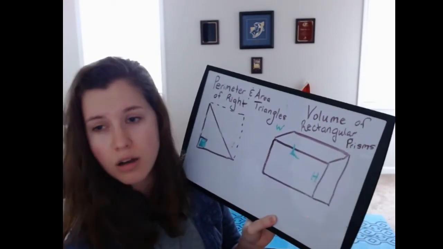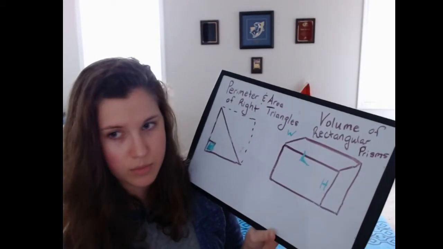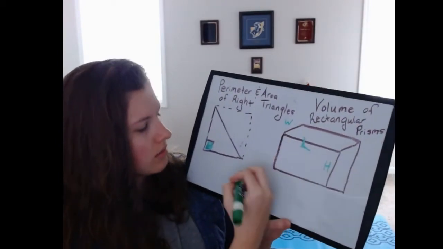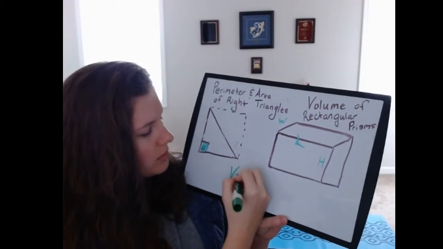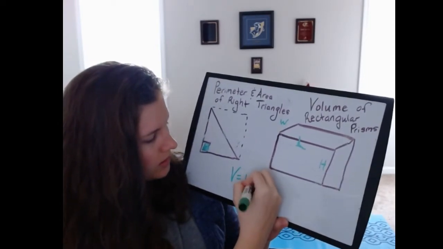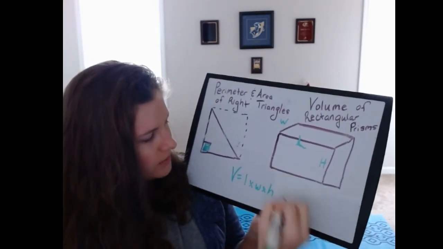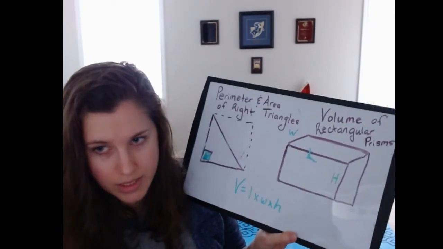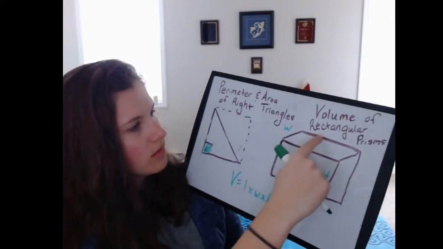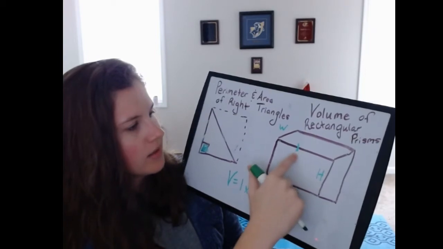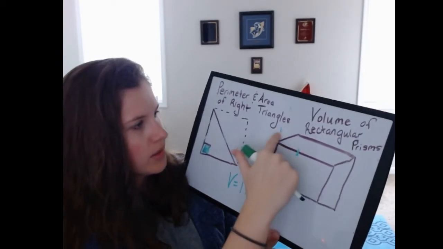So like how tall it is. And you just multiply those things together. So V, volume, equals length times width times height. And it's not too complicated. So width times length times height. I'm going to erase these now, and I'll put some numbers in.